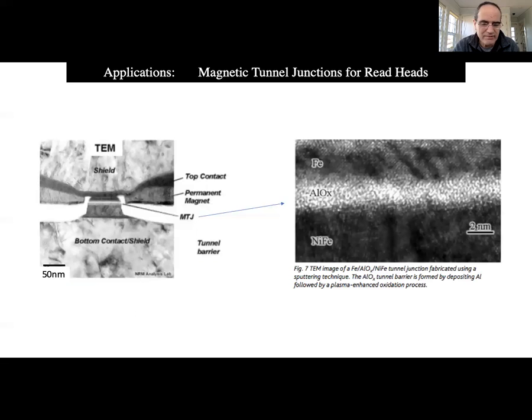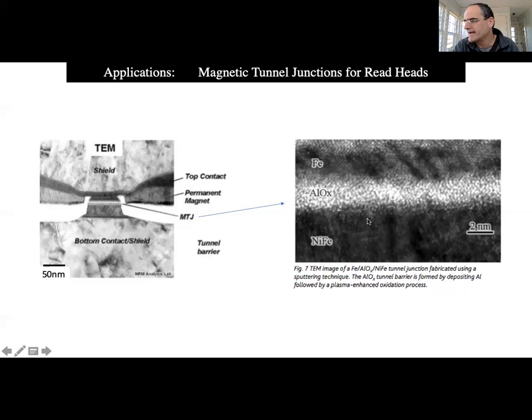Okay, I think we'll stop finally by I want to show you some electron microscope images of a magnetic tunnel junction. Here's the complete structure. This layer here is the magnetic tunnel junction. And if we look closely at it, we can see the following.